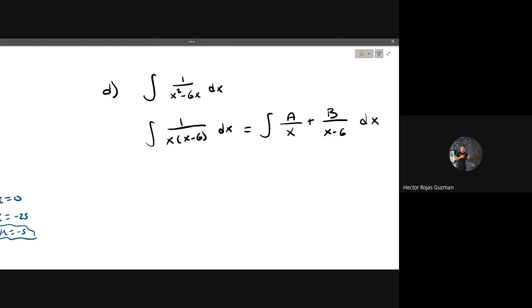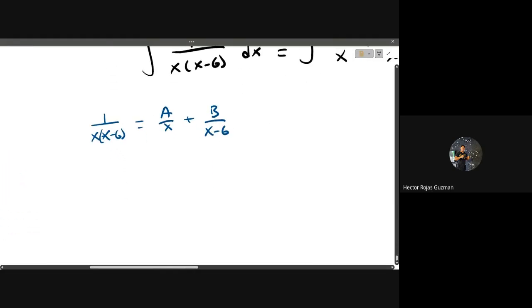So we've got to solve for a and b. Take this and make it equal to this without the integrals. So 1 over x times x minus 6 equals a over x plus b over x minus 6. We want to get rid of the denominators.